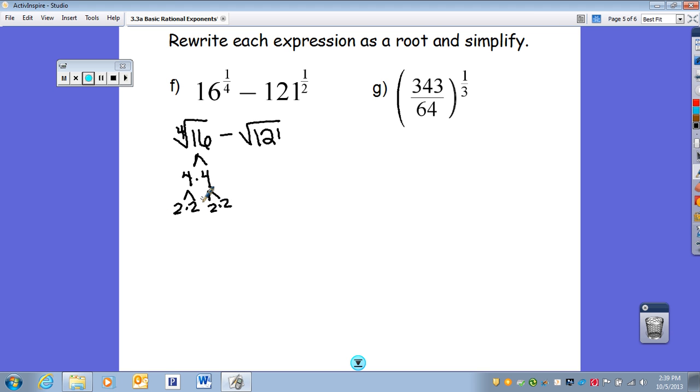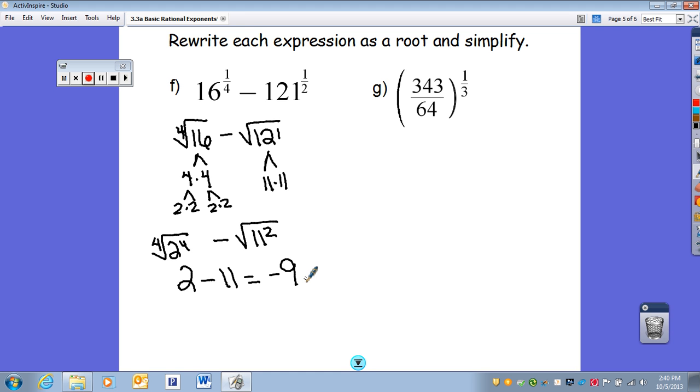That looks like we have a group of 4 2's, so the 4th root of 2 to the 4th power is going to be 2. The factor tree for 121 is going to be 11 times 11, so that's going to be the square root of 11 squared, which is 11, so 2 minus 11 equals -9.